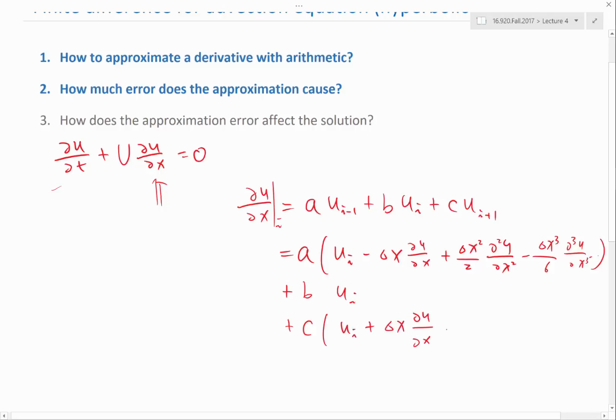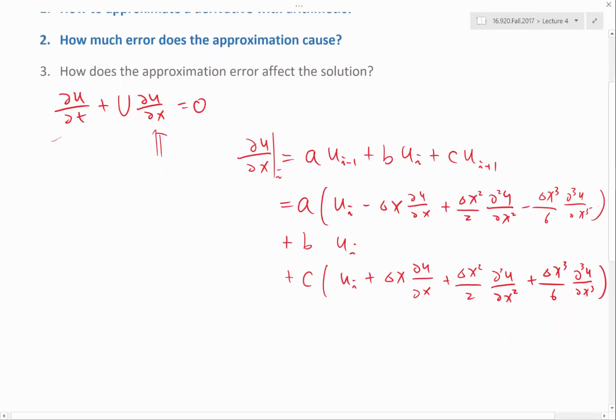This is a very standard Taylor series analysis, plus delta x cubed divided by 3 factorial times the third order derivative.